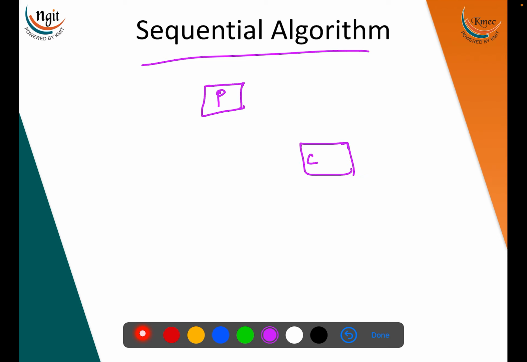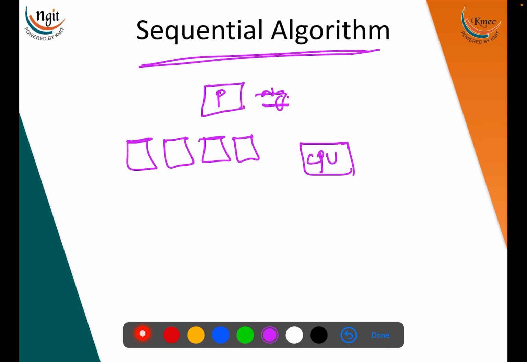I am using a CPU to execute this problem. Before I implement it, I have to write an algorithm with some number of steps. Sequential, as the name suggests, means the algorithm is executed sequentially, in chronological order. This is what a sequential algorithm is.